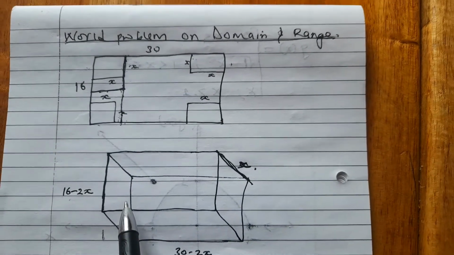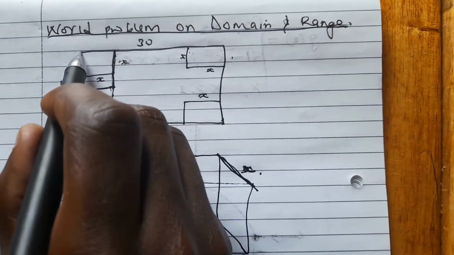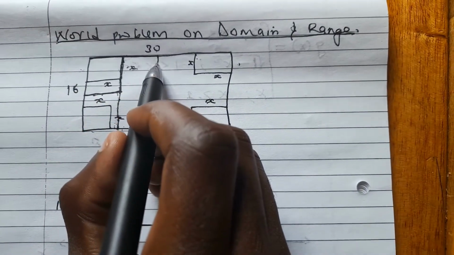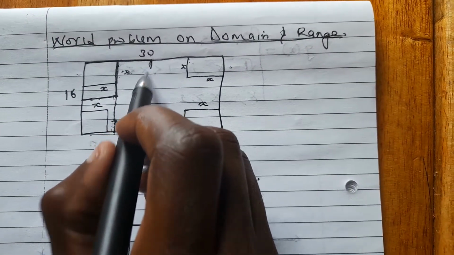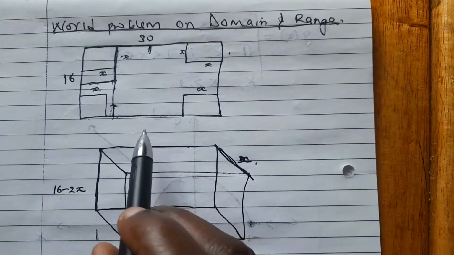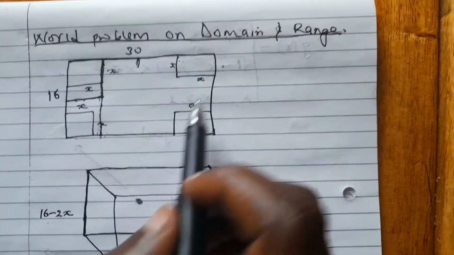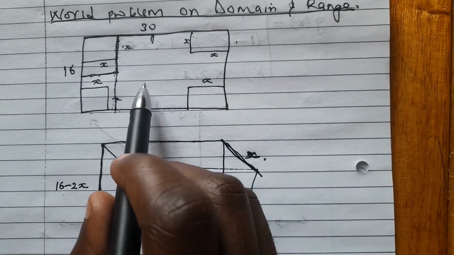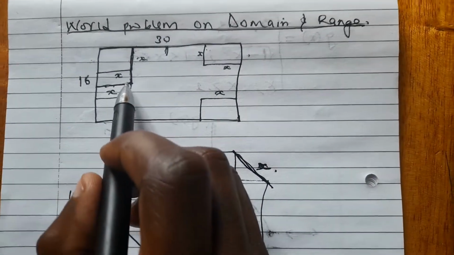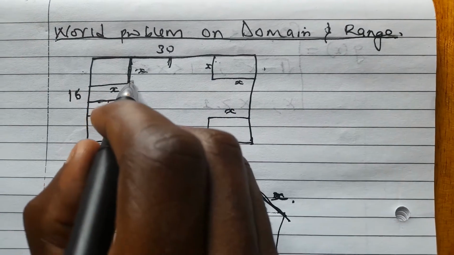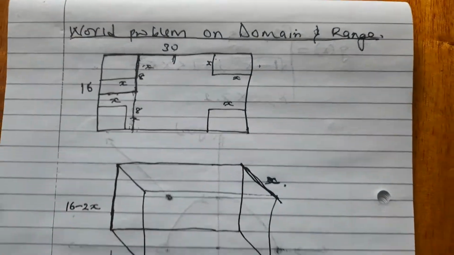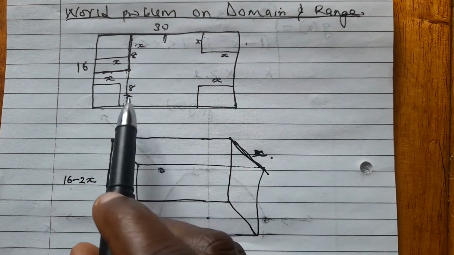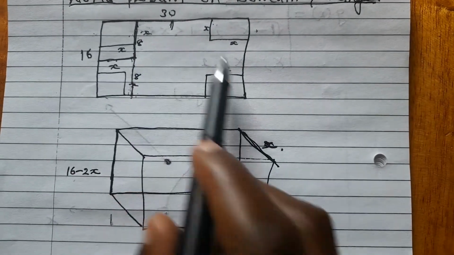Here I can cut halfway, that is 15, 15. But this is 8, 8. So we consider the least maximum, which is 8. So the maximum that I can cut is 8 on either side.